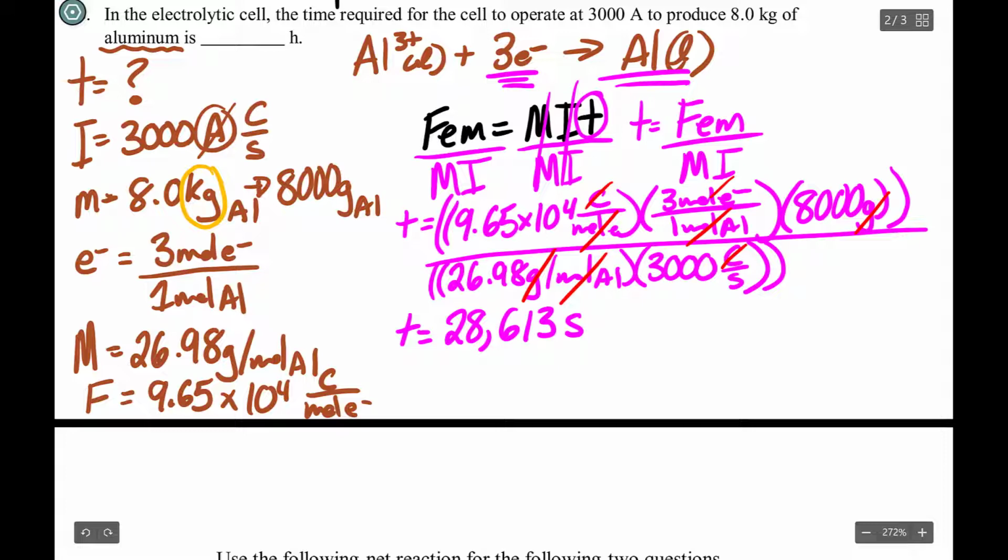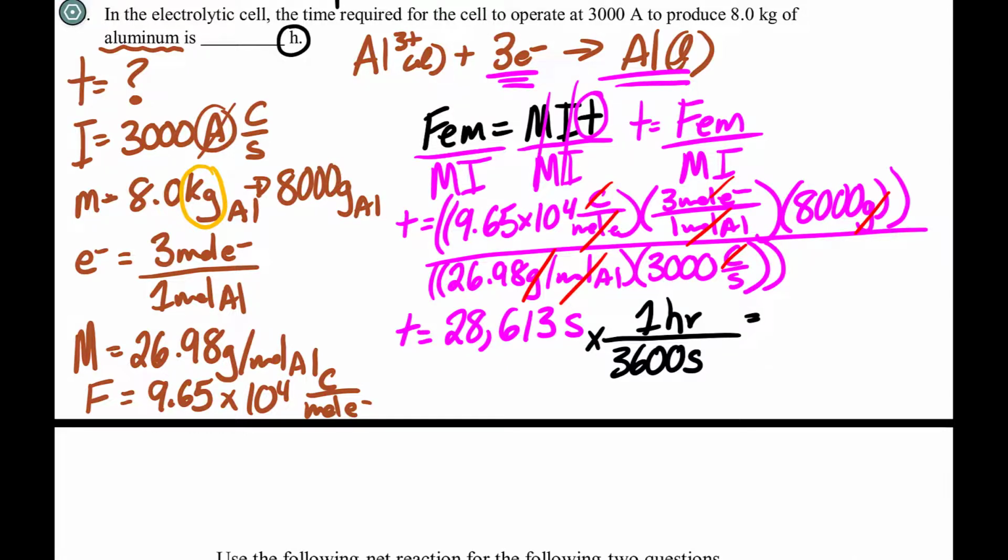Now this question is asking for hours, so I do have to do a quick conversion. There are 3,600 seconds in every 1 hour. So divide my answer by 3,600, and this would be 7.9 hours.